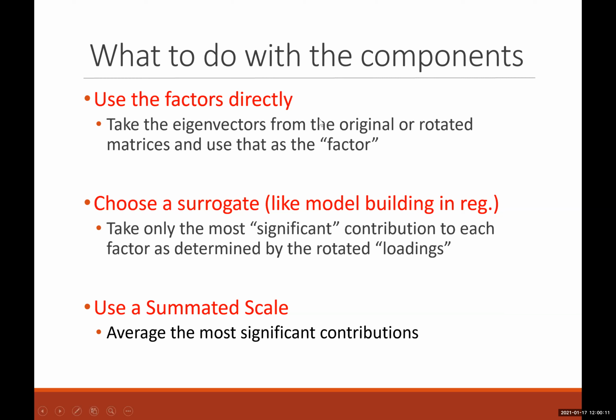Those are using the factors directly. We can also use them as a surrogate. In this case, we take these grouped components or factors and use them as inputs, or sometimes as outcome variables, of regression analyses.